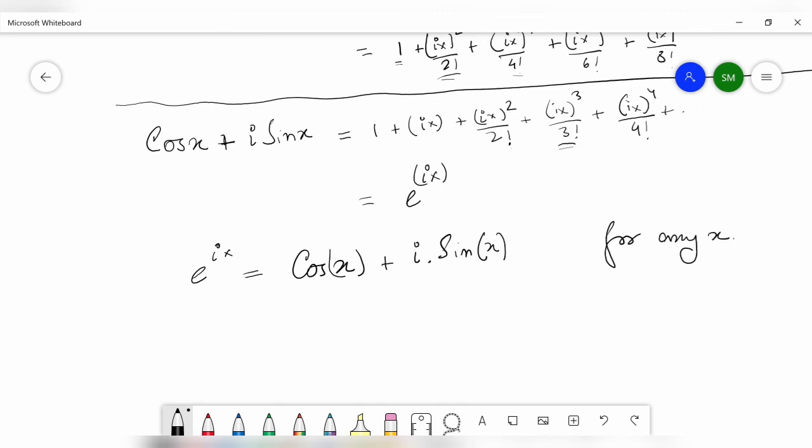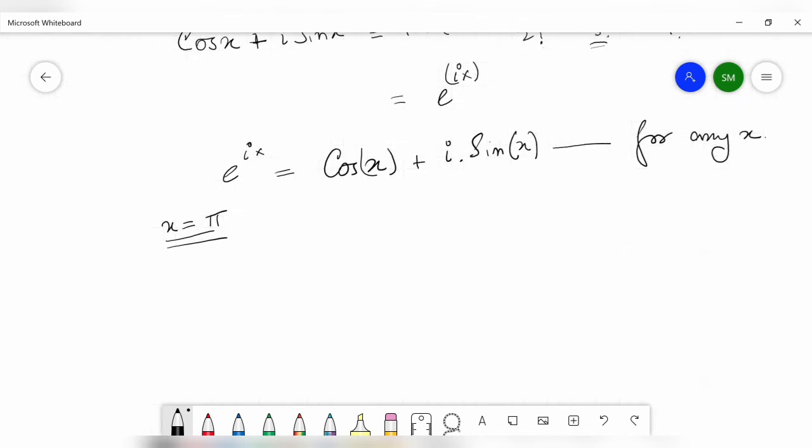And now we are almost complete, because since this formula holds true for any x, if we just assume x equals pi, then this equation becomes e to the power i pi equals cos of pi plus i sin pi.